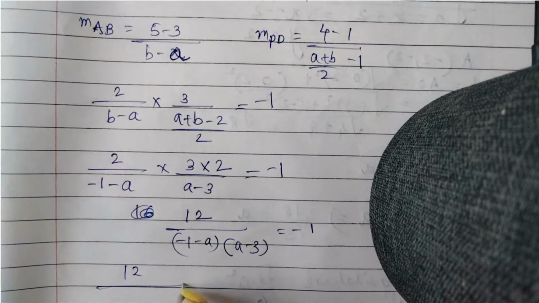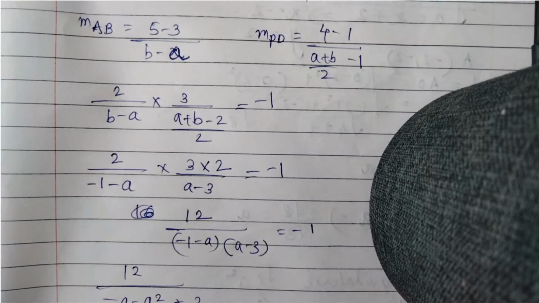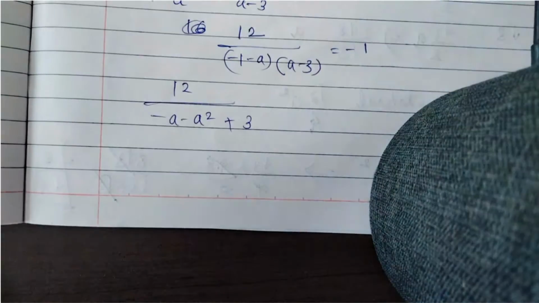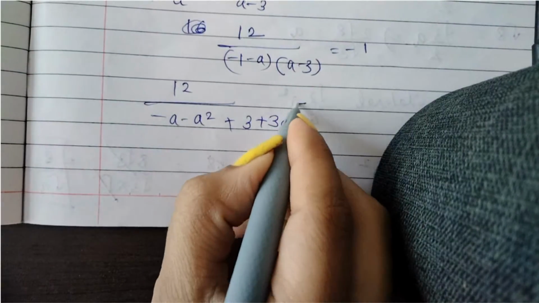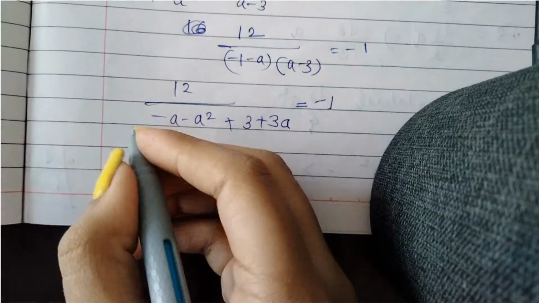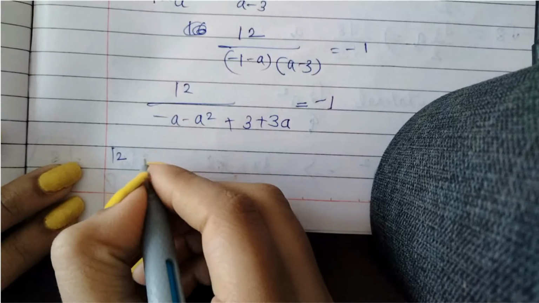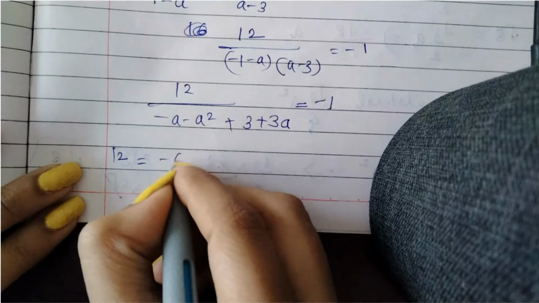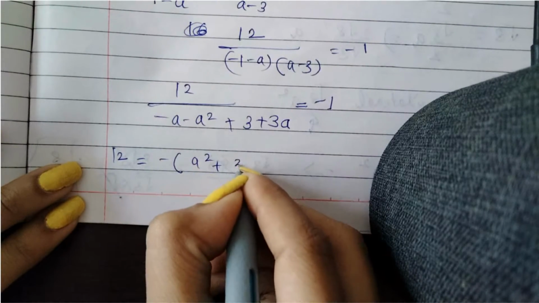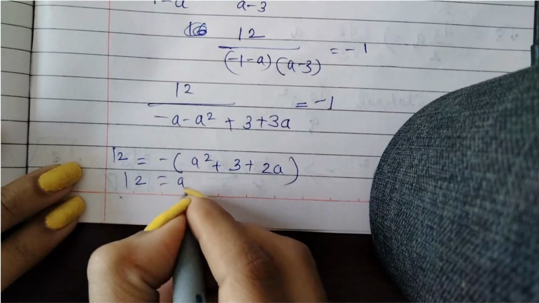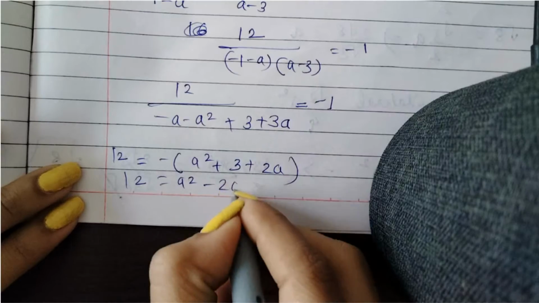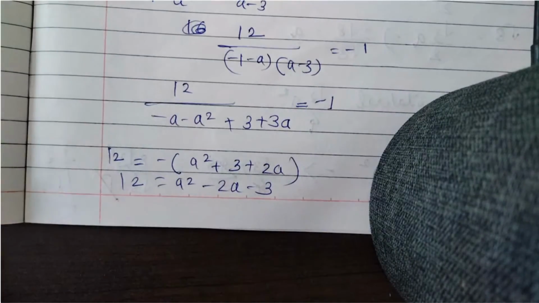So 12 by (minus a square plus 3 plus 3a)... so 12 is equal to minus of (a square plus 3 plus 2a). 12 is equal to a square minus 2a minus 3.